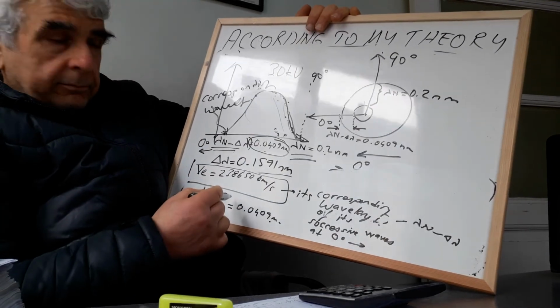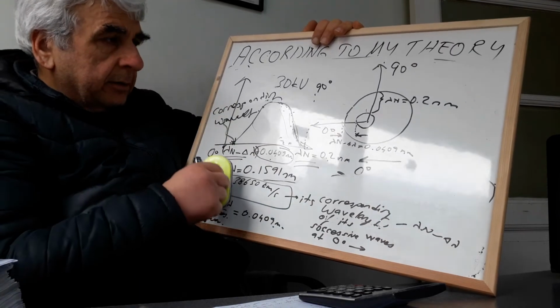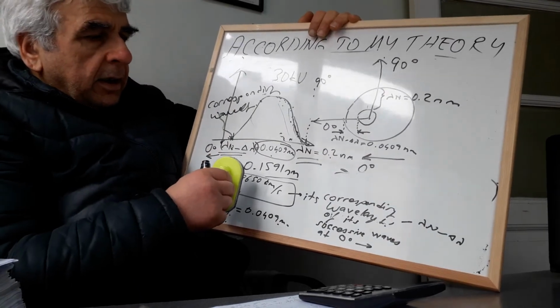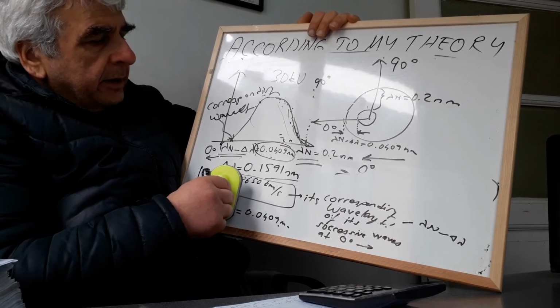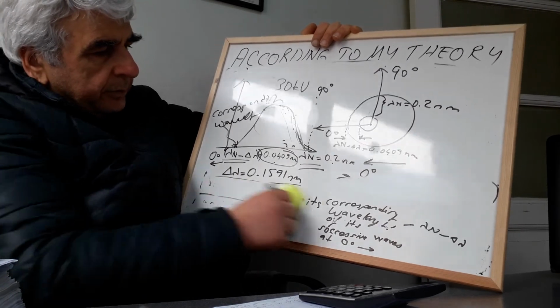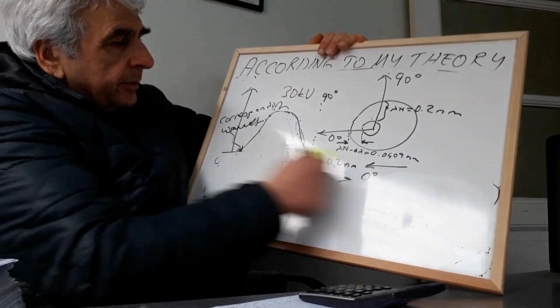Okay. Shortly, I told you how we can find the electron motion form's velocity under these conditions.